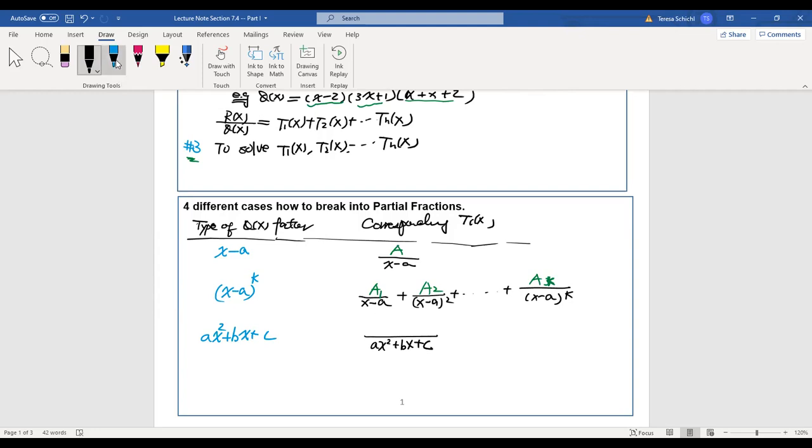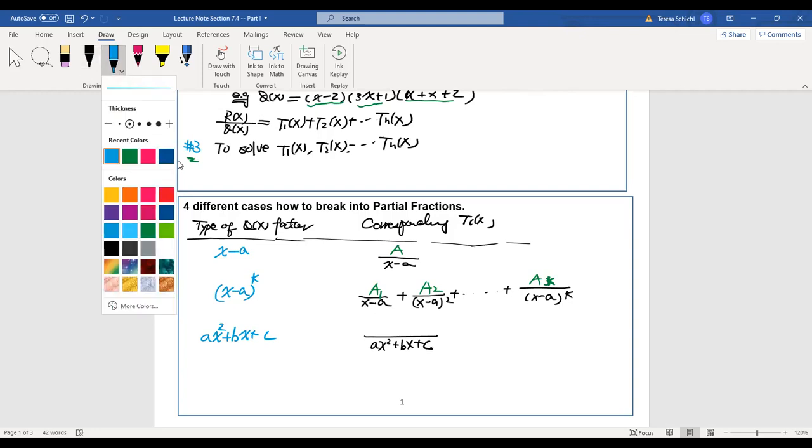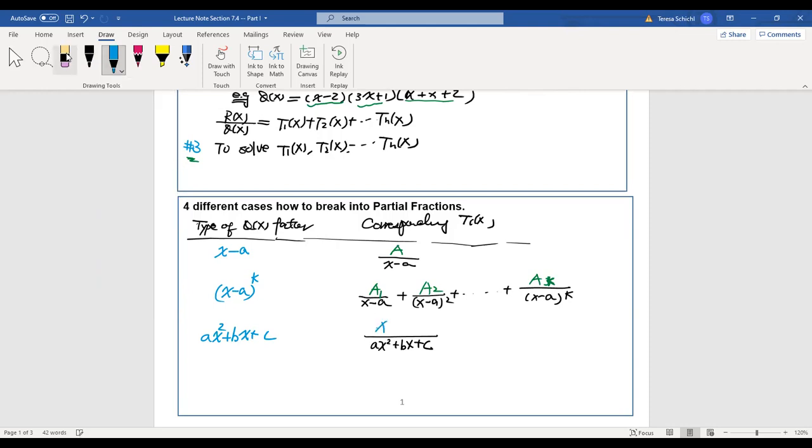Now, what is the top here? Because this is quadratic, you're going to go down 1 degree. So this will be ax plus b, because you remember the degree of R(x) should be less than your denominator.